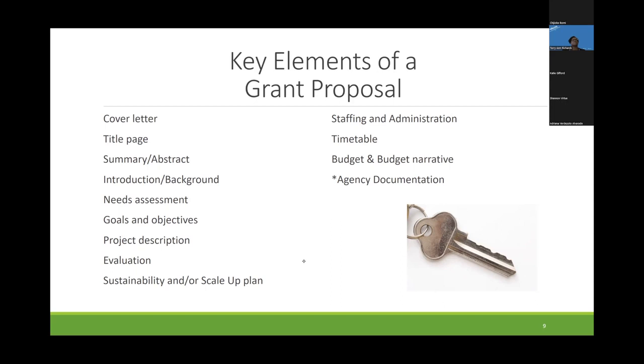So people think very carefully, as reviewers, about who's staffing something and why that particular framework of staff is the best fit for the project. And then of course a budget and a budget narrative, which are typically 2 different documents. And then the agency documentation, which I have on the subsequent slide.